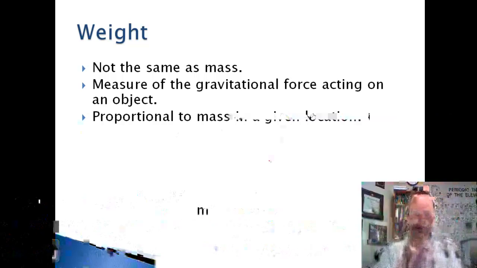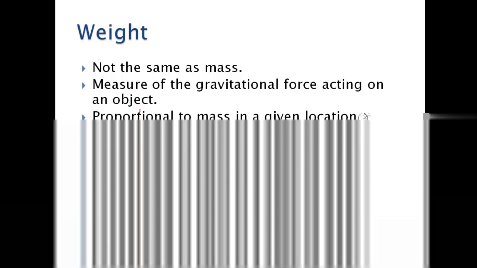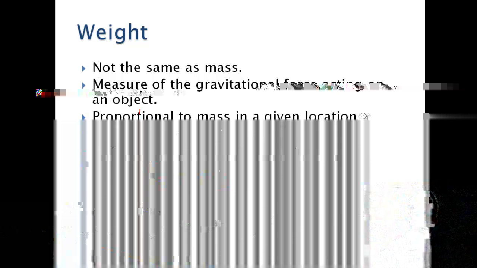Those are force units. You can write an equation, F weight equals mass times acceleration due to gravity. The weight of a one kilogram object would be about 9.8 newtons on Earth.